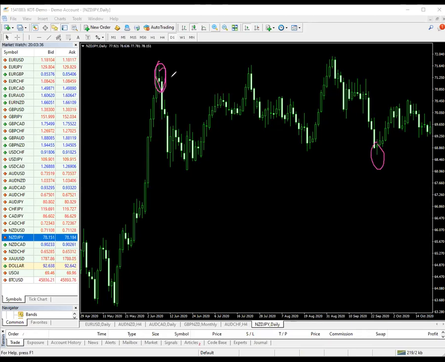After seeing this spinning top, you are waiting for the candle to close below the last bullish candle, because this is a bullish market. So you want a bearish candle that will close below the last bullish candle, which is here. This is the last bullish candle, the point at which it started. So yes, the next candle came and broke below that.